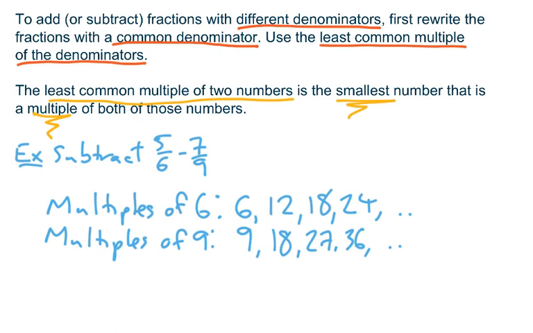Notice that when I look at these lists, I see a repeat. That's a common number, a common multiple. And since that's the first multiple that we've seen in common, it's the least common multiple. The suggestion is that if we rewrite the fractions that we see with that as our common denominator, then we can have a common denominator and we can add or subtract.